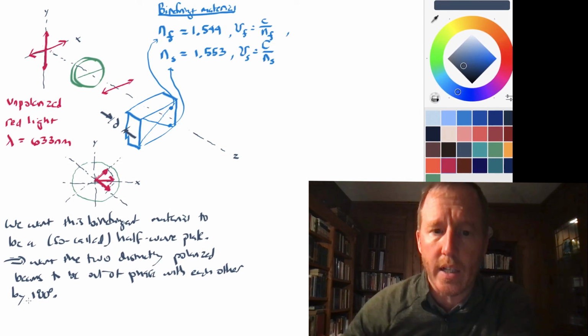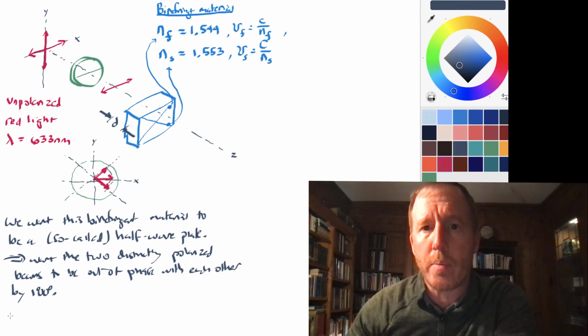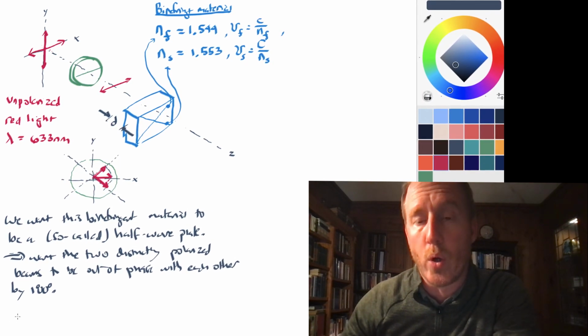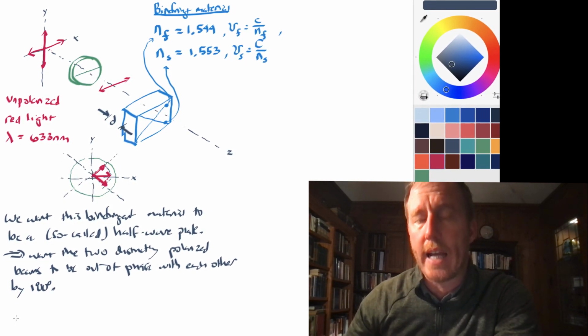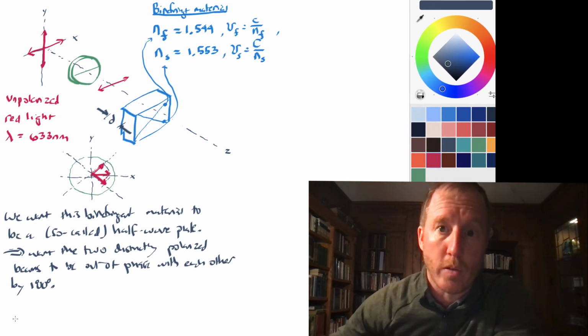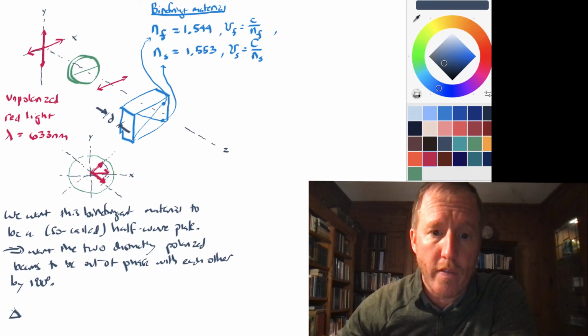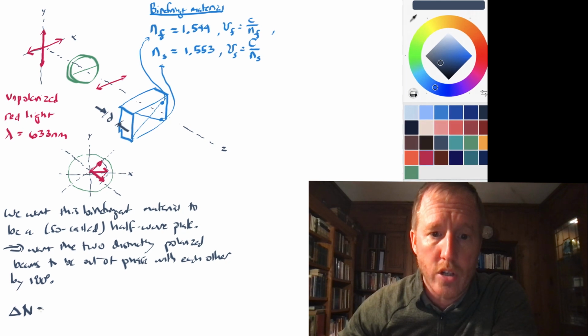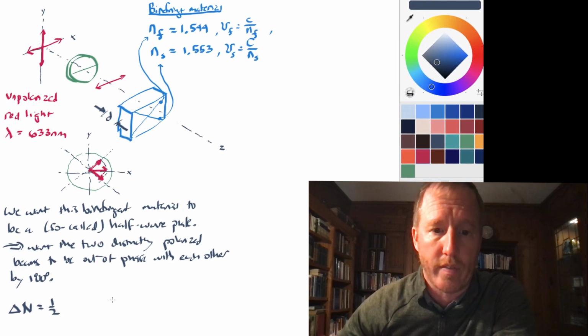What does that mean? It means that if you count the number of oscillations of the beam polarized along the fast axis and count the number of oscillations of the beam polarized along the slow axis, the difference in the number of oscillations should be equal to 1/2.